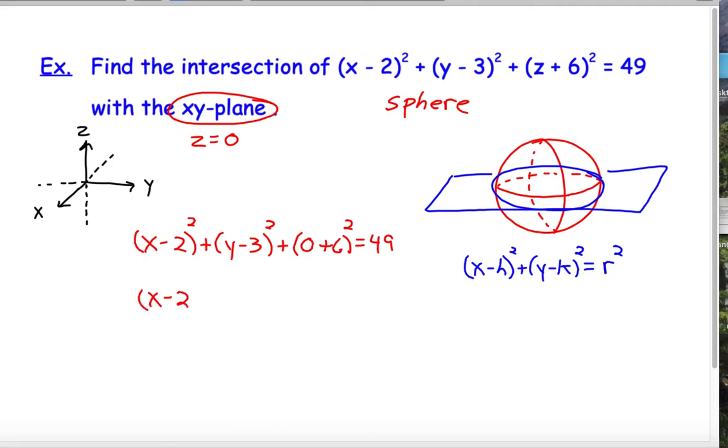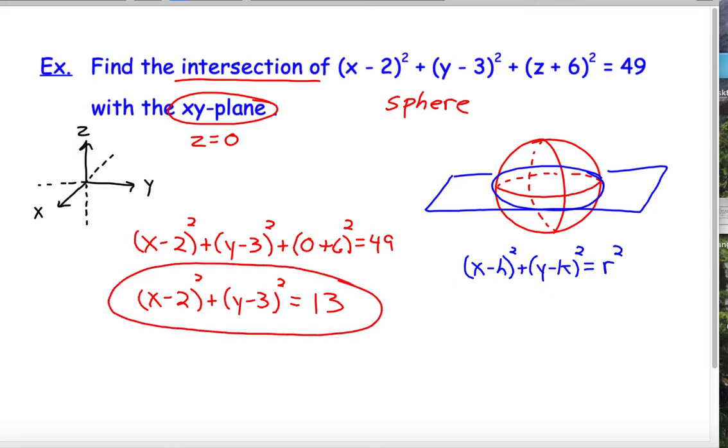And so we get x minus 2 quantity squared plus y minus 3 quantity squared equals 13. And so that is the intersection of the sphere with the plane. It's a circle, and the equation of that circle is x minus 2 squared plus y minus 3 squared equals 13.